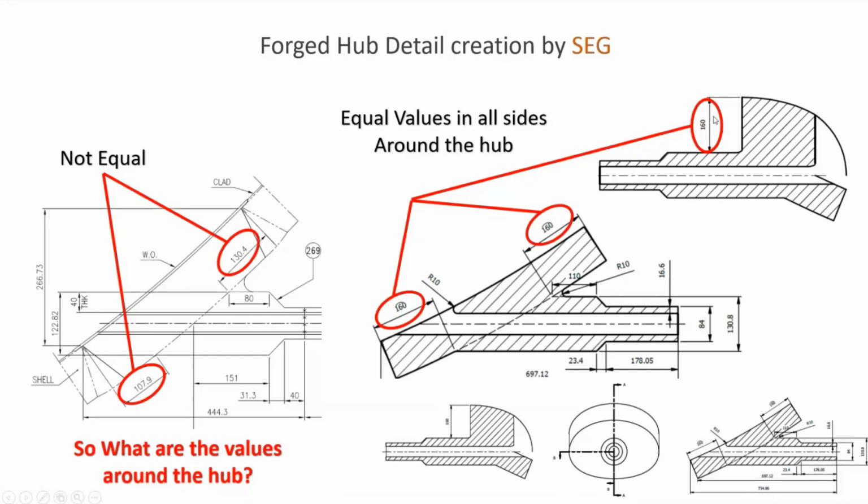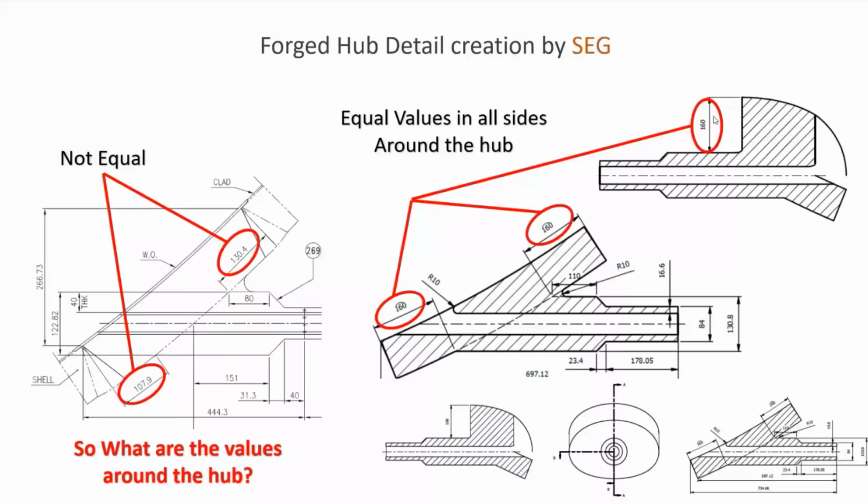Why are we doing that? Actually, I think it's the right way to make it, because the fabricator, when you send him a drawing for a forged hub, will make a fabrication for this one by using CNC or by using forged weight or something like that.